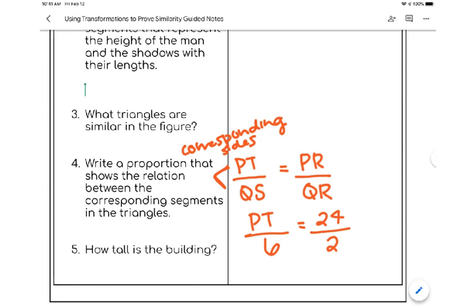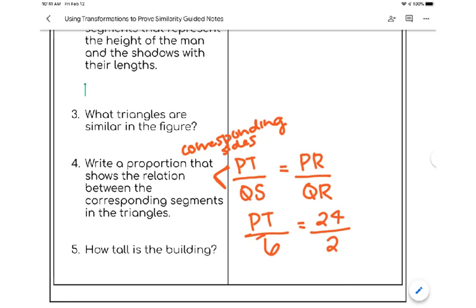Okay, so when this is complete, you can do it a couple of ways. You can say, well, 24 divided by 2, I know that that is 12. So something over here divided by 6 has to also equal 12. Or you can do this by cross multiplication, which you may have learned in previous years.